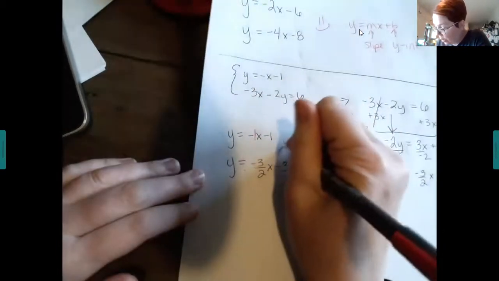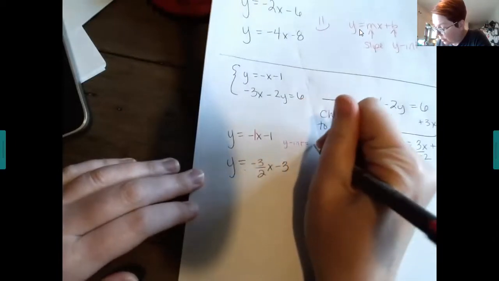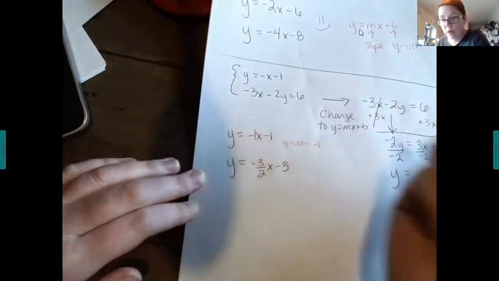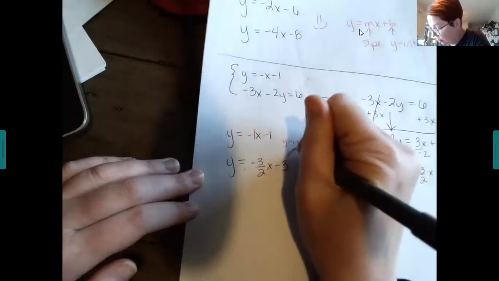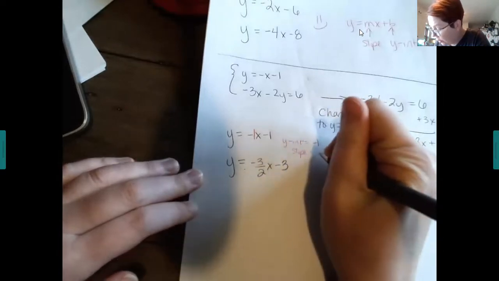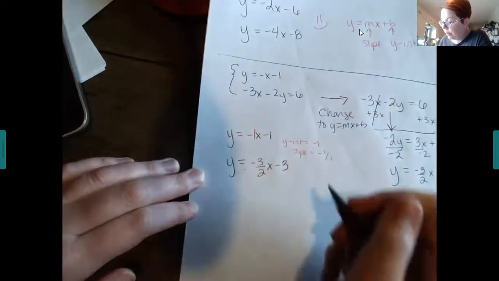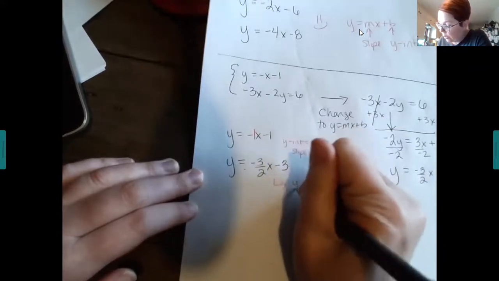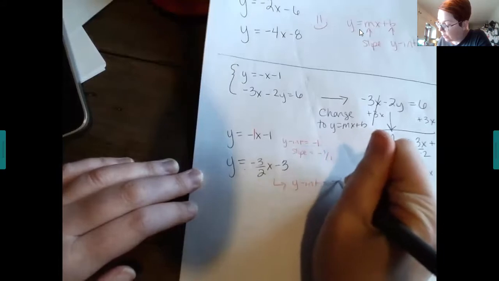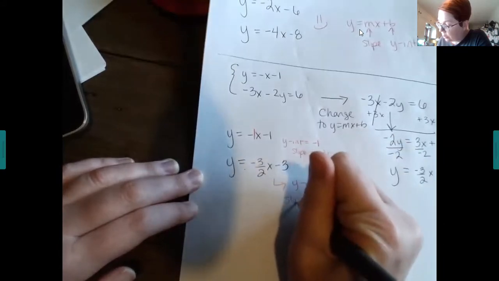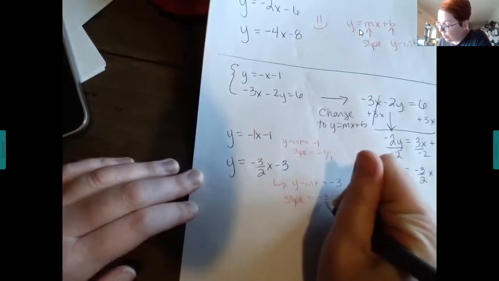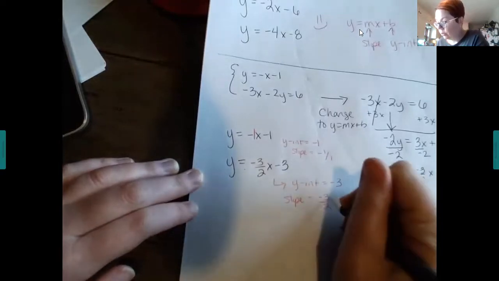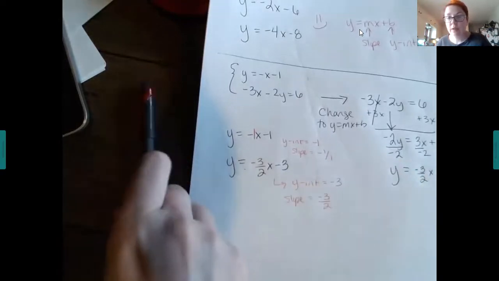So here our y-intercept is -1, and our slope also happens to be the same, but not always. Okay. Here, our y-intercept is -3, and our slope is -3 over 2. So going down 3 to the right 2.